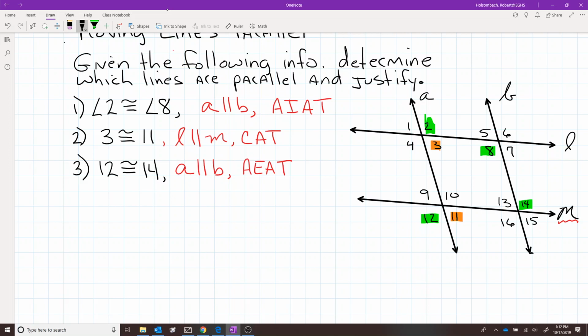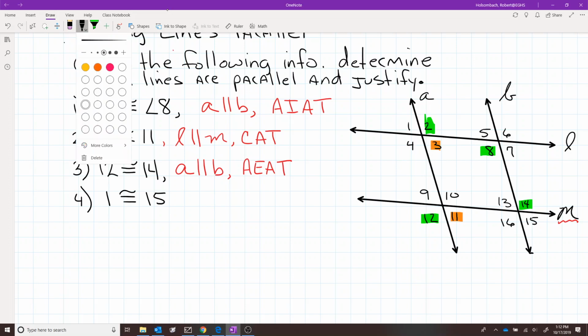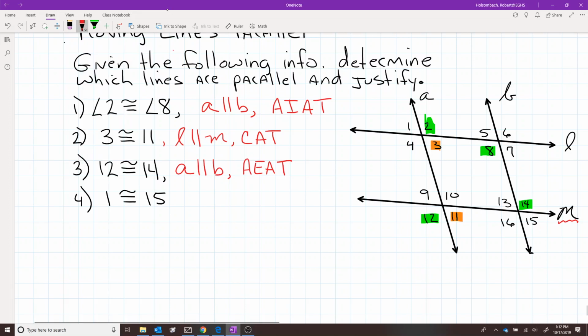Next piece of information is that angle 1 is congruent to angle 15. Let's see, here's 1. 1 is congruent to 15.